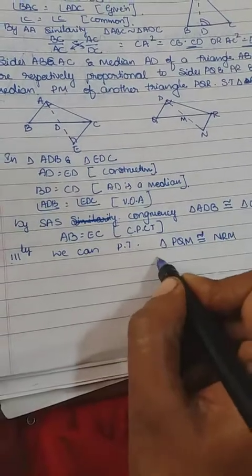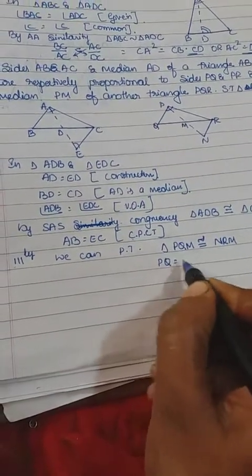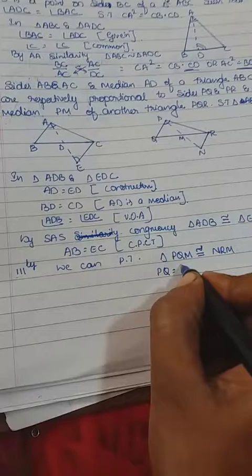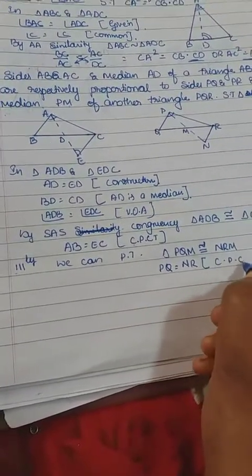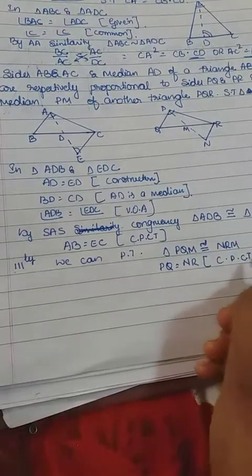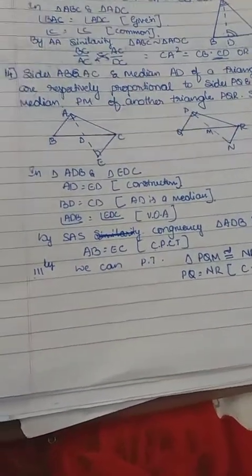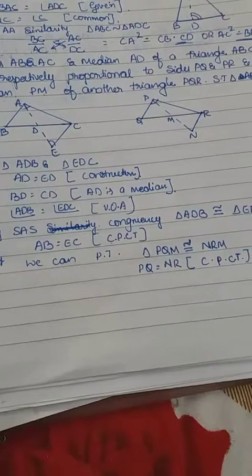Here also we get corresponding parts: PQ equals NR. By CPCT, corresponding parts of congruent triangles, PQ equals NR.